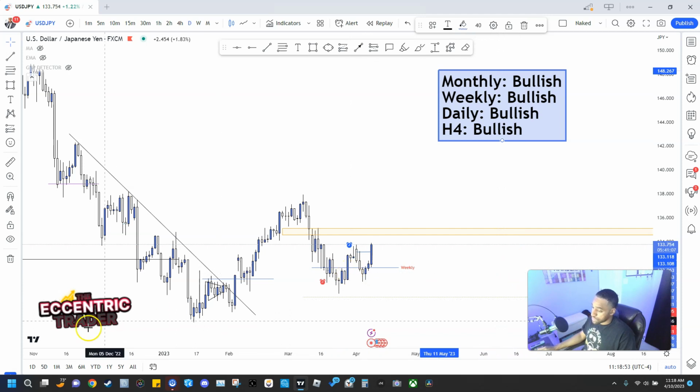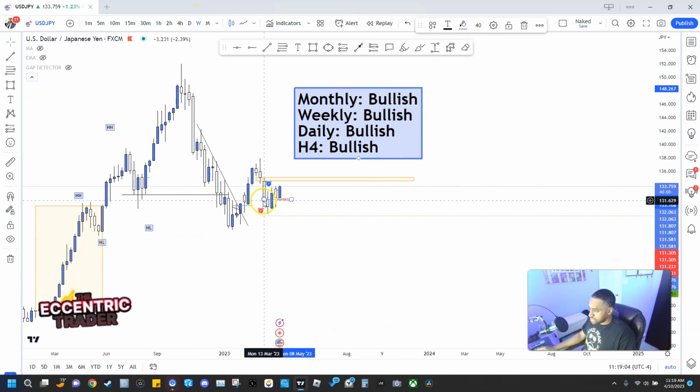And another thing to take notice of is this weekly random line that we drew, right? So we drew it on the weekly because we wanted to mark off this doji, because we want to see what's going on in the lower time frame.